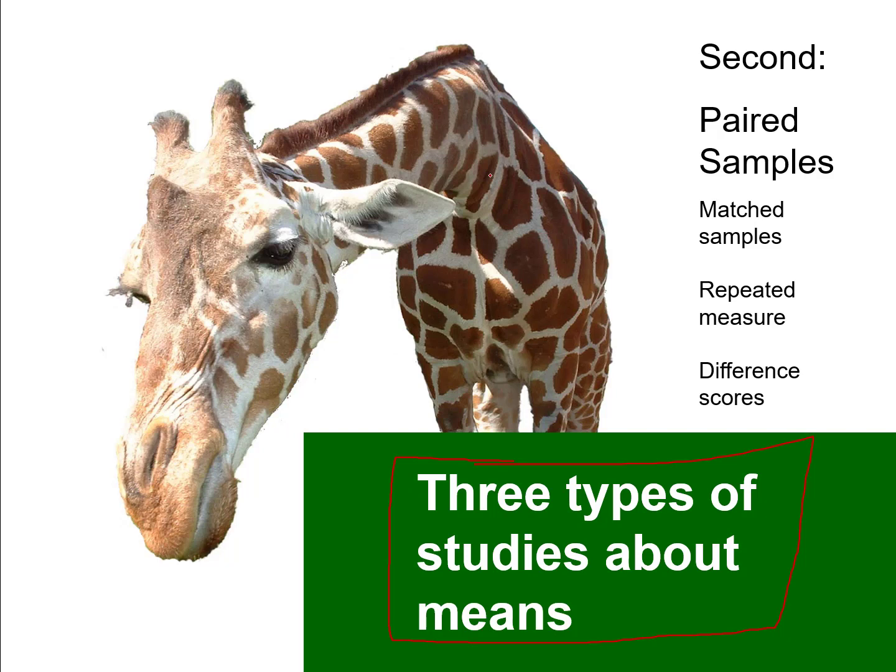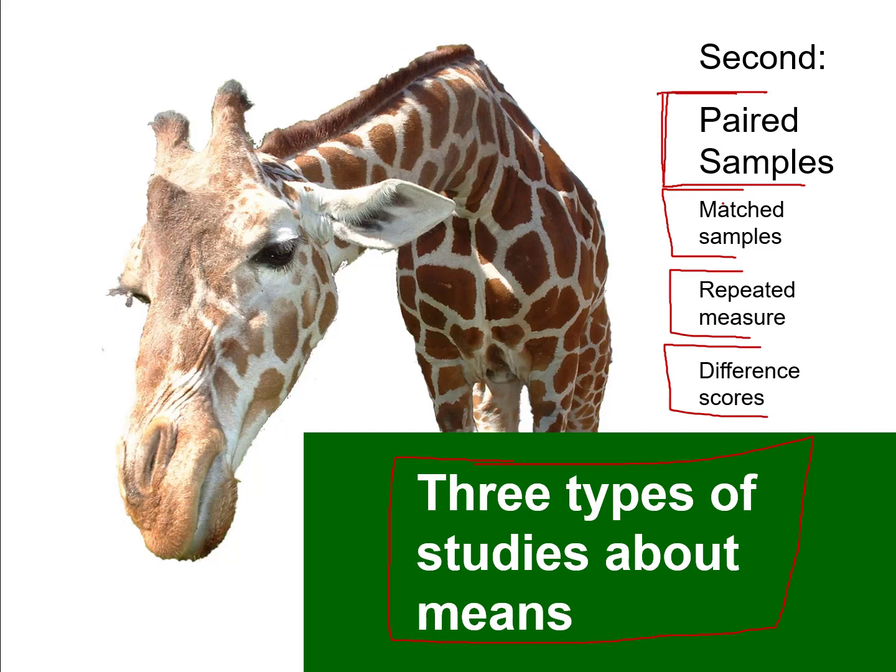And now we're going to look at something called a paired sample study or a paired samples test. And this is a type of study that can be called many different things. So we could call this a paired sample study, or it could also be called a matched sample study, or a repeated measure design, or a difference score, a study about difference scores.